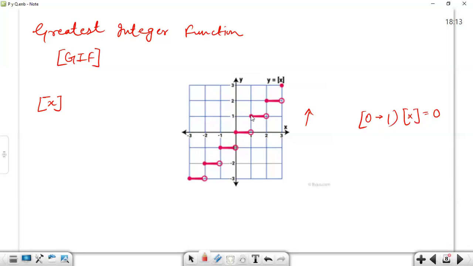And for all values from 1 included to 2 excluded, the value of the function would be 1.